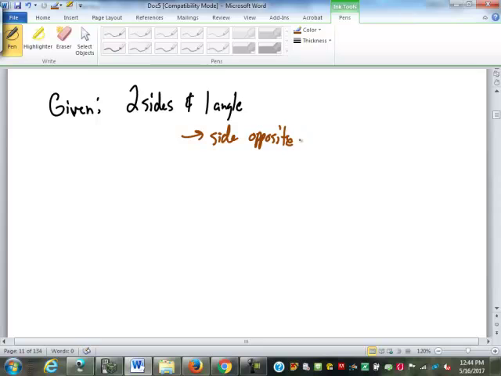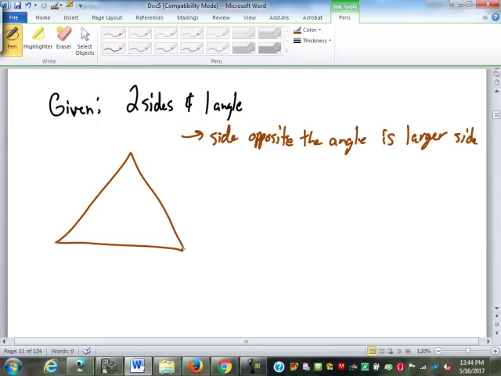The side opposite the angle is the larger side. It's going to be very important in a couple minutes. The side opposite the angle should be larger. There will be a case where the side opposite the angle is smaller, and then there's going to be something else we need to know.